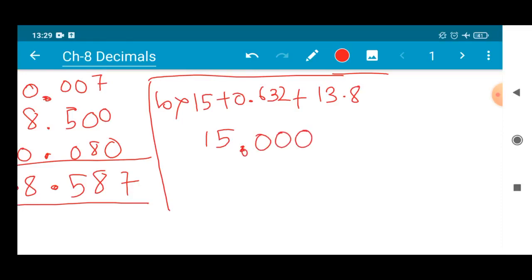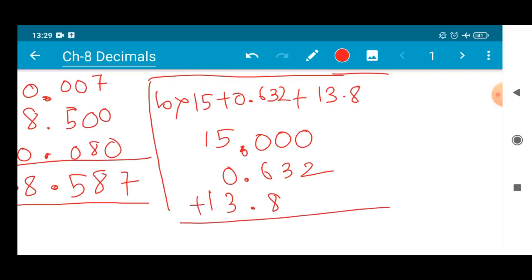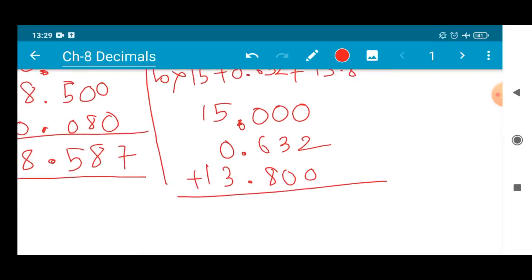That means after the decimal there should be 00. How many 0s you want to keep, that can be done. Now 0.632, yes, and 13.8 here. Now you start adding. So after 8 you can add 0s. 0.800 and 0.8 both are the same. If you compare it, you'll get the same result.